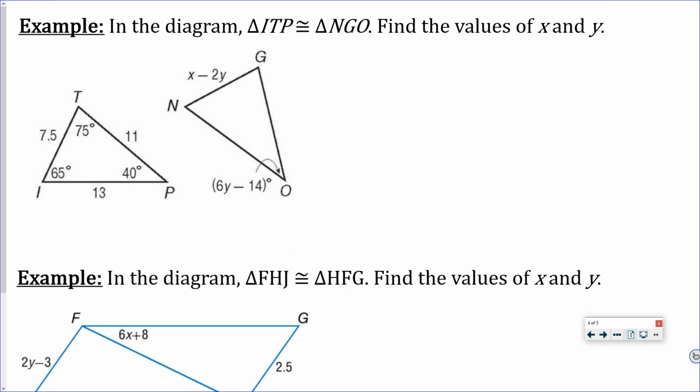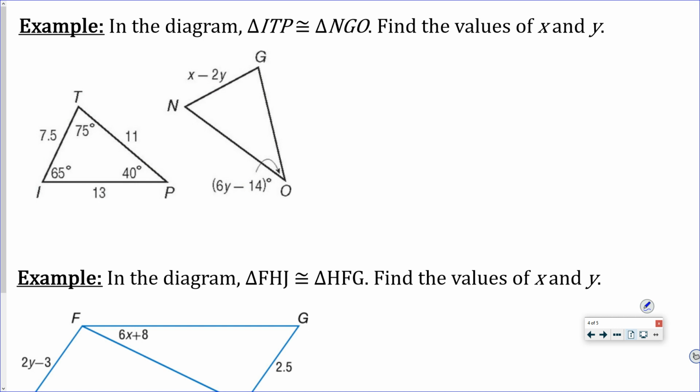All right, let's do some algebra ones. In this diagram, they're giving me the congruence statement, telling me that triangle ITP is congruent to triangle NGO. You can see here's one where they're not in alphabetical order, right?